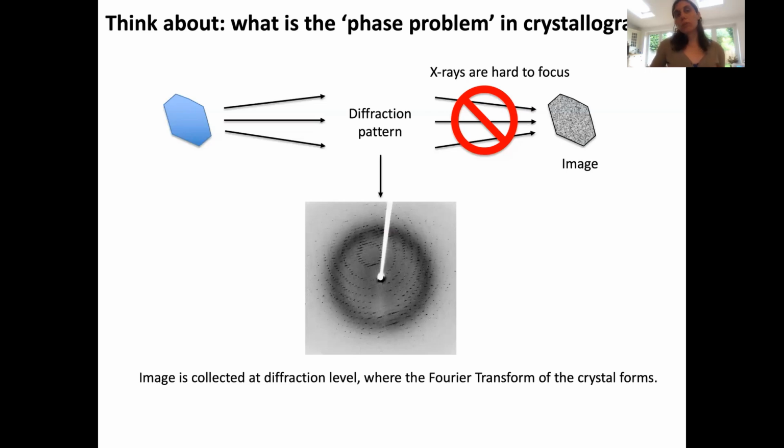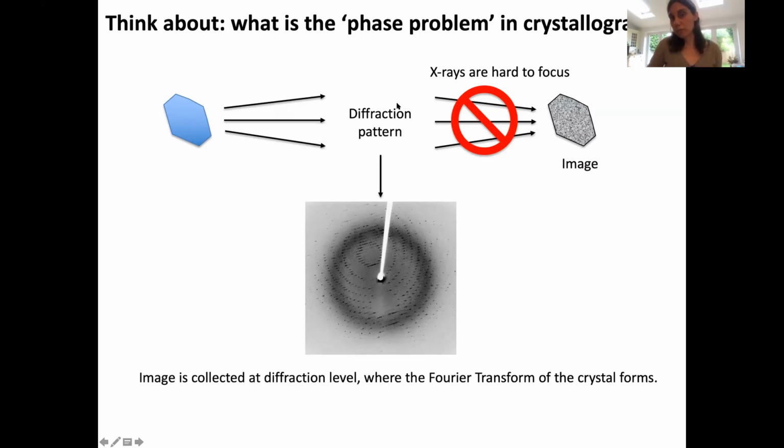Another thing that you may want to think about, especially if you're not a crystallographer, is what is the phase problem? In cryo-EM, as in crystallography, we have a beam, either electrons or X-rays, going through the sample, which in the case of crystallography is a crystal, producing a diffraction pattern.